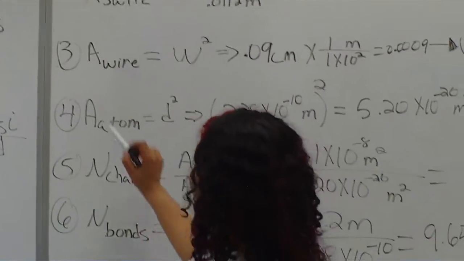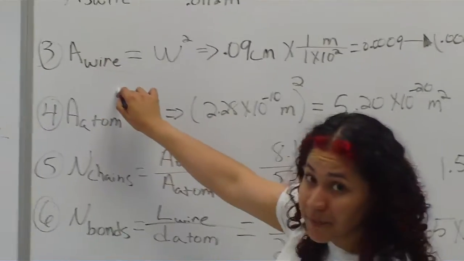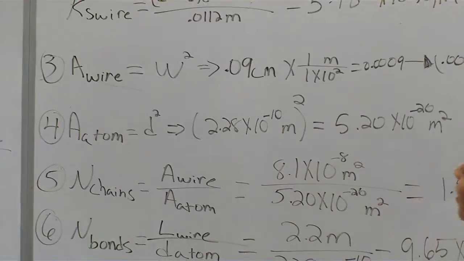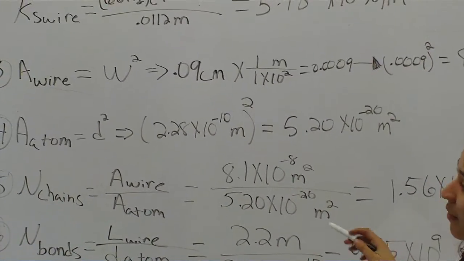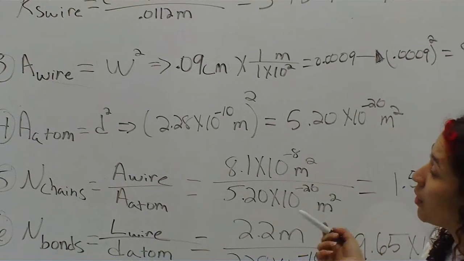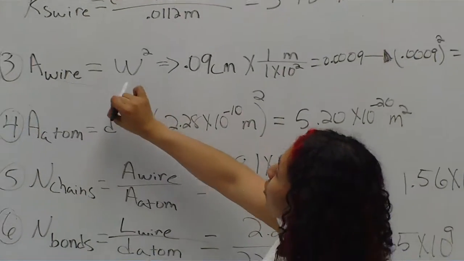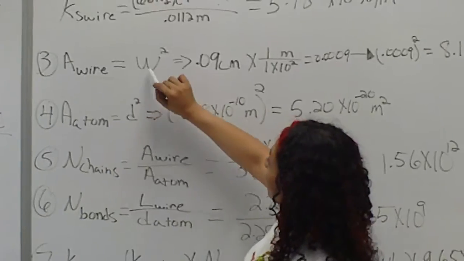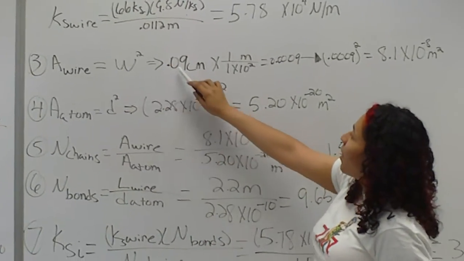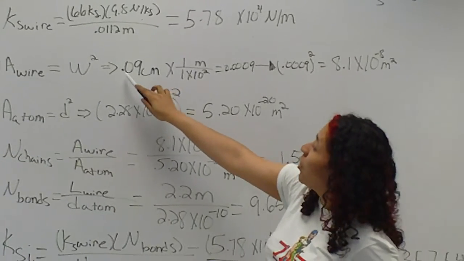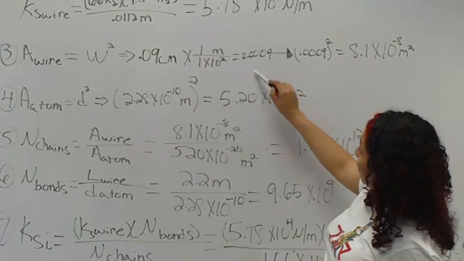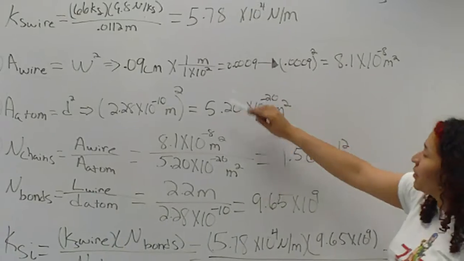After that, we're going to calculate the area of the wire. The area of the wire can be looked at the same way as the area of one atom. We take the diameter of the wire squared, and they give you the diameter of 0.09 centimeters. Again, we have to convert it into meters.